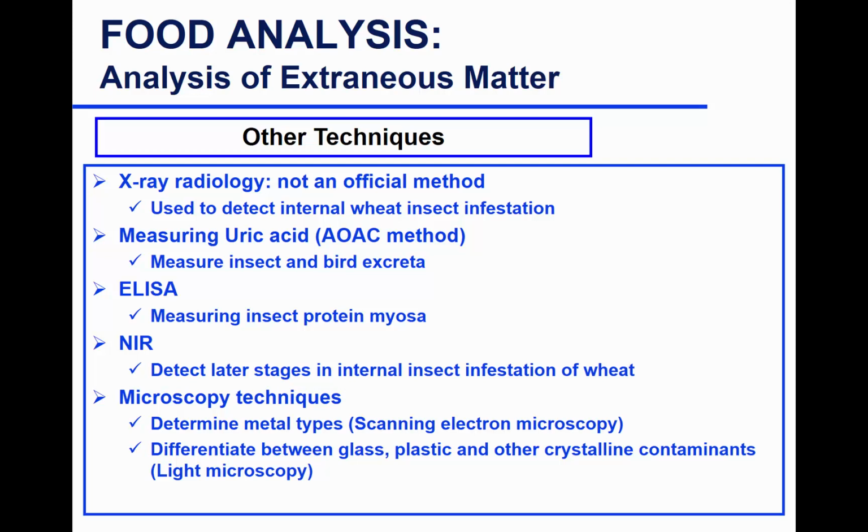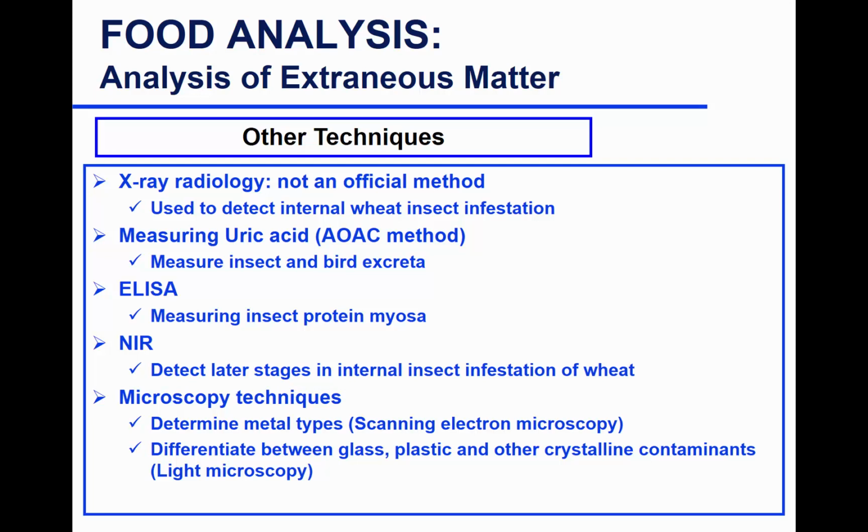An official method for the presence of insect and bird excreta is measuring uric acid from the urine, and then measuring insect protein myosin using immunoassay, or NIR to detect later stage internal insect infestation of wheat.